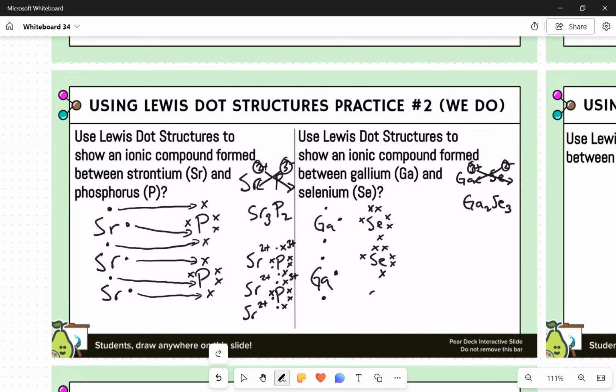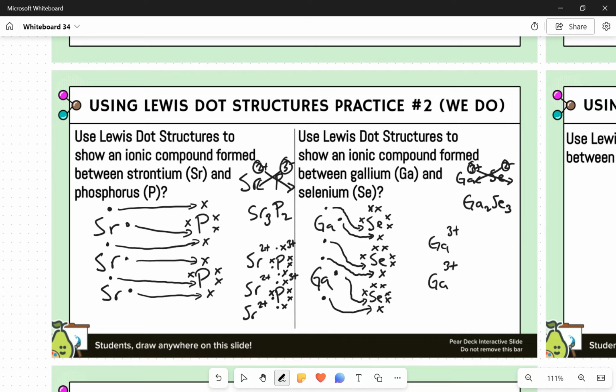It's a little too close. Okay, so this one's going to go here. This one's going to go here. This one right there. This one right there. This one right here. This one right here. What we're going to end up with is 2 galliums, each with no dots showing, and they're each going to be 3+.